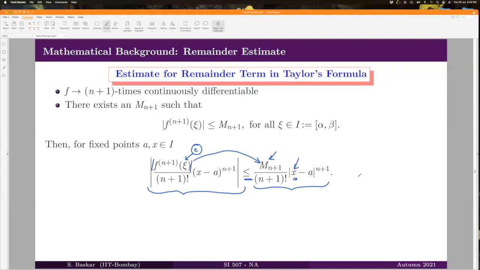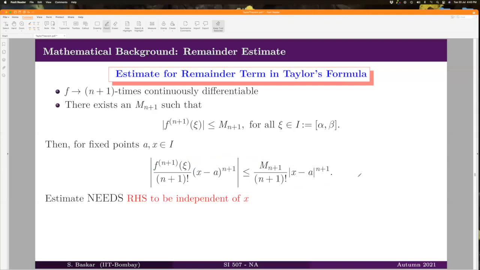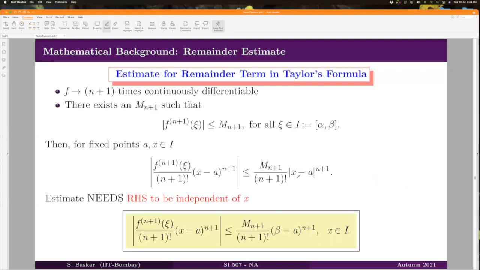Now, as long as x is coming from the interval alpha to beta, we can again dominate this x by its maximum possible value. What is the maximum possible value that x can take? It is beta. Therefore, you can replace x by beta, and thereby you can get a fixed number.